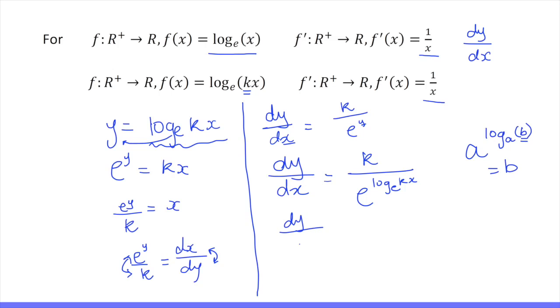So according to this rule, this will cancel out, and that will be k on kx. The k's will then cancel to give me 1 on x. From there, we can discover that the derivative of log e of x, or even log e of kx, will always equal 1 on x.